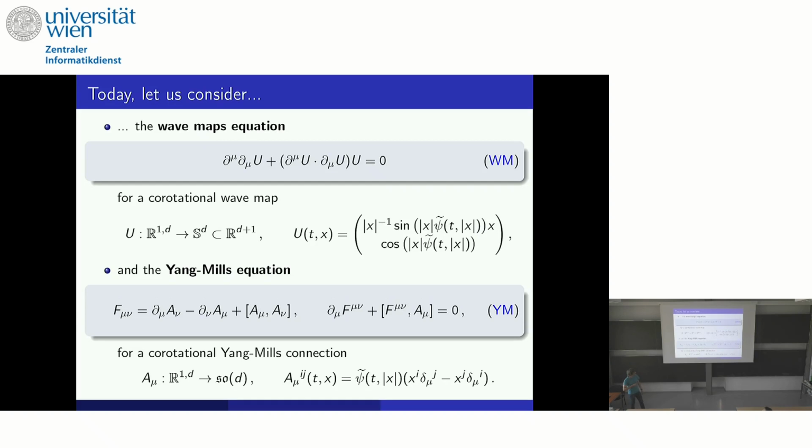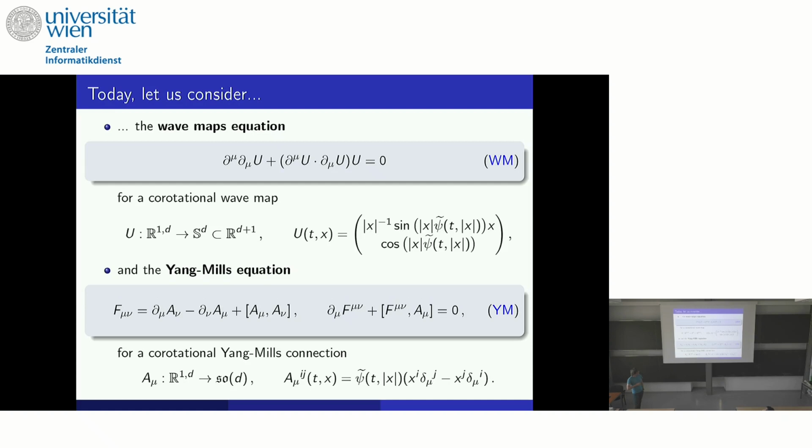The second model that we're considering is the hyperbolic Yang-Mills equation. That's an equation for a connection 1-form, A mu, also defined on d plus 1 dimensional Minkowski spacetime with values in the d times d skew-symmetric matrices.